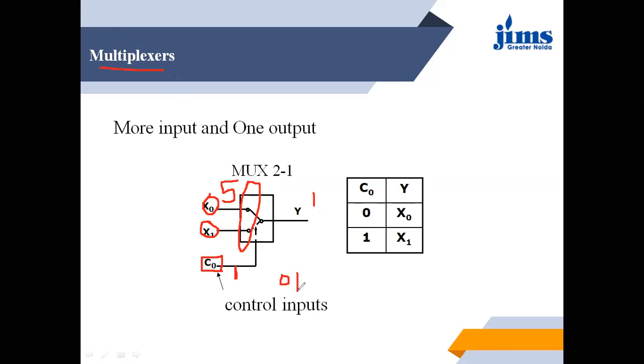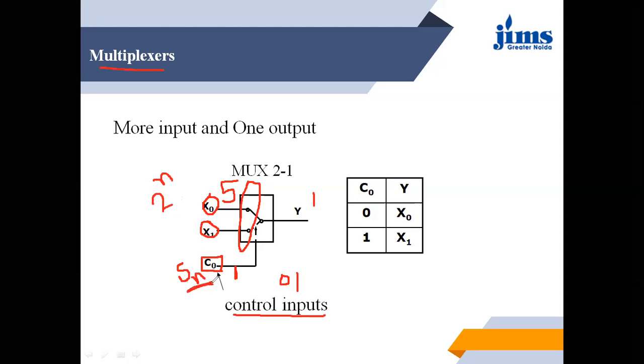We can also say that the control inputs are represented by S: S0, S1, S2, because the total number of inputs is 2 raised to the power n, and S is the selection line, where the total number of selection lines is n.